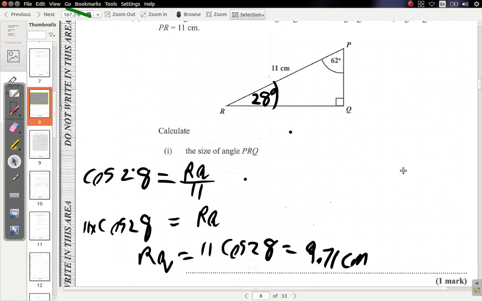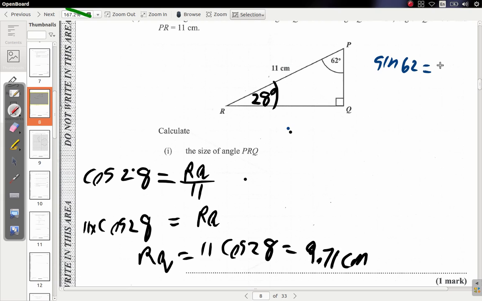But you could have used sine and the 62 degrees too. So try that now and see how it will go. You can say sine of 62 equals. Now 62 is up at the top of the triangle, but RQ is down at the bottom. Top and bottom are opposite.